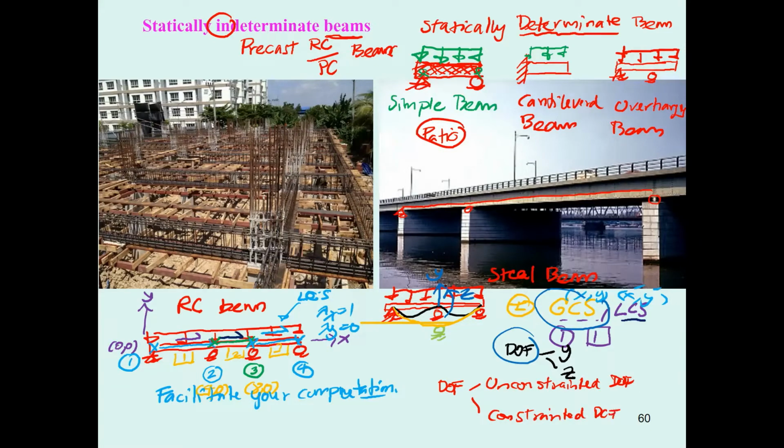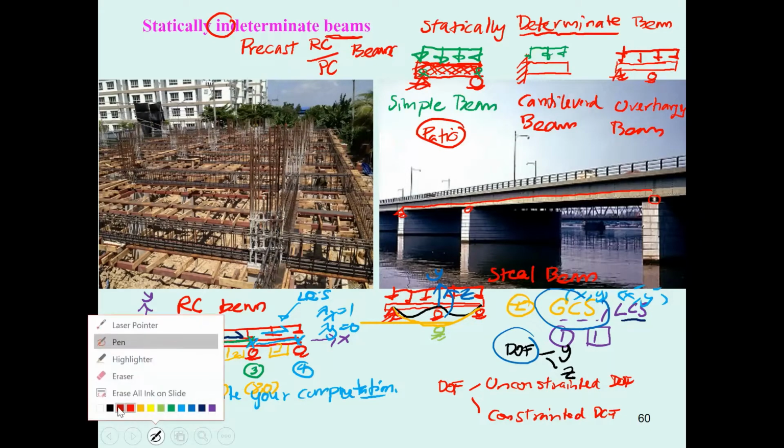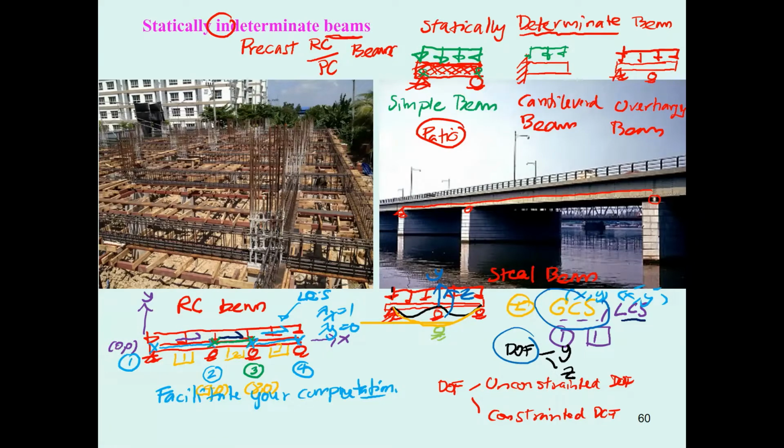And you know that the degrees of freedom that follow the support, such as this one, this one, and this one, are called the constrained degrees of freedom.